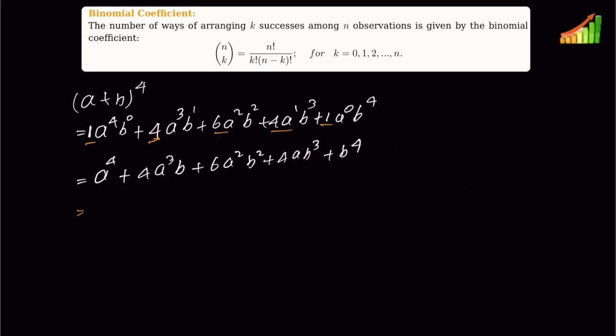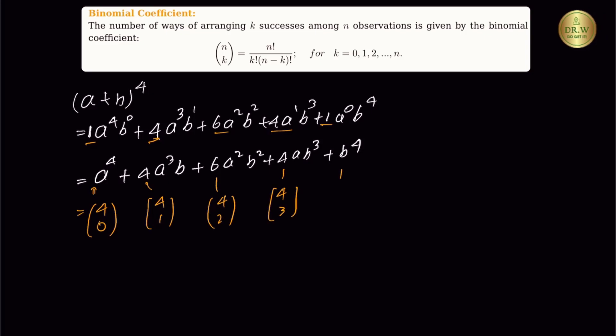For the first one, here the power is 4. The first one starts from 0, that is 4 choose 0. Then this one 4 choose 1. This is 4 choose 2. Next 4 choose 3. And the last 4 choose 4. Now let me explain 4 choose 0.